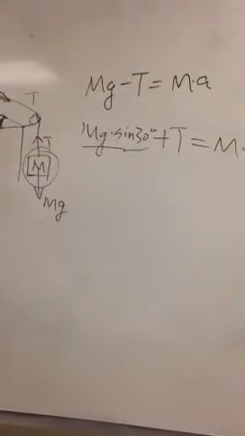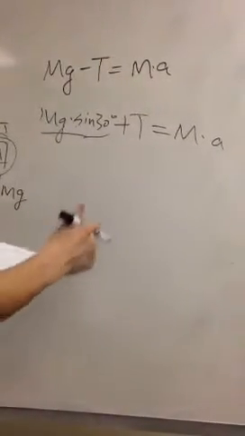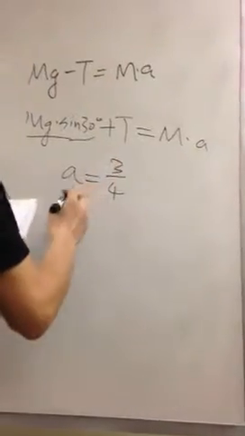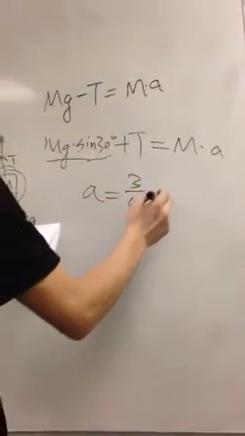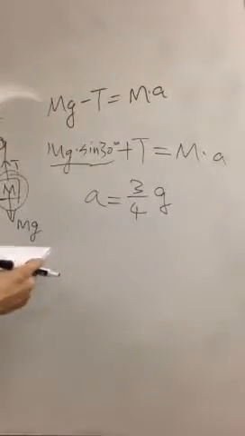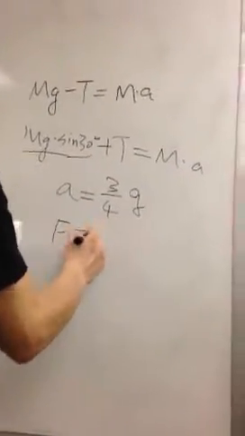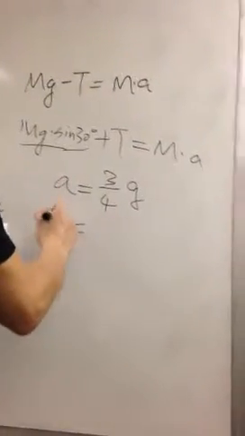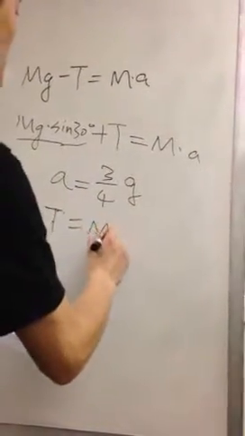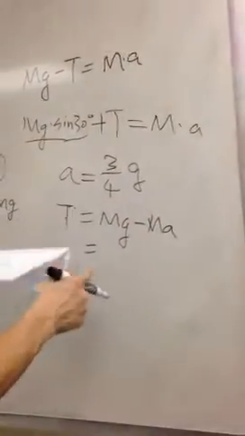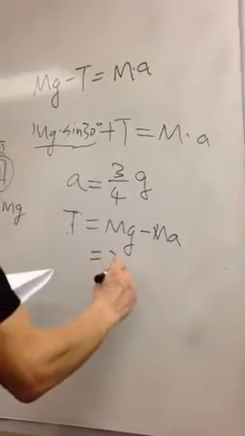So if you calculate it and solve the equations, a is equal to 3/4 g, and T is equal to mg minus ma. No, m is 2.2.